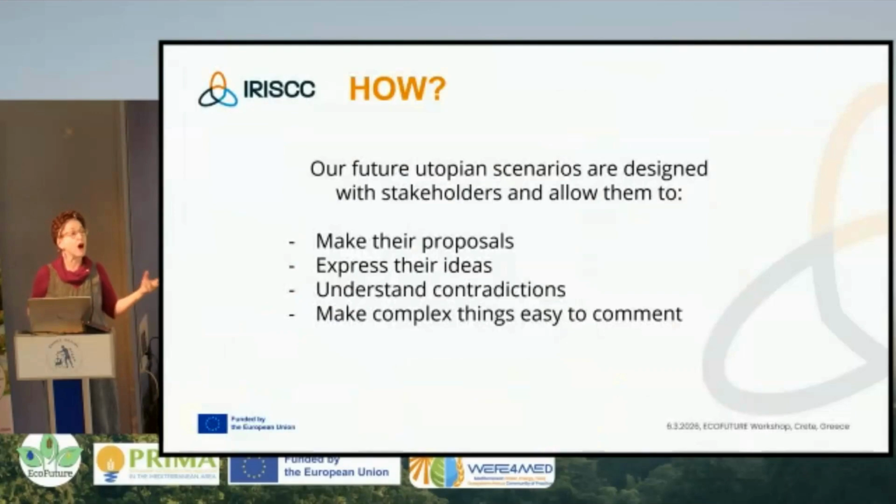So when we say how do we do this co-design, our future utopian scenarios are designed with the stakeholders and always allow them to make their own proposals, express their ideas, understand the contradictions, and make complex things easy to comment on. The whole idea when we have these stakeholder gatherings is that you are able to tell me, hey, what you are saying is wrong.